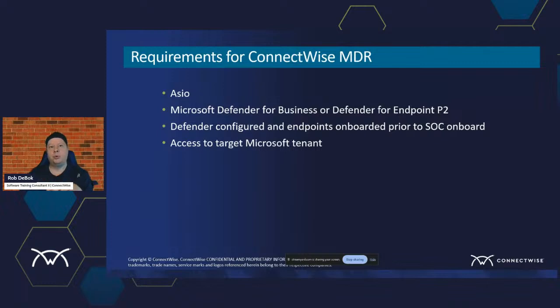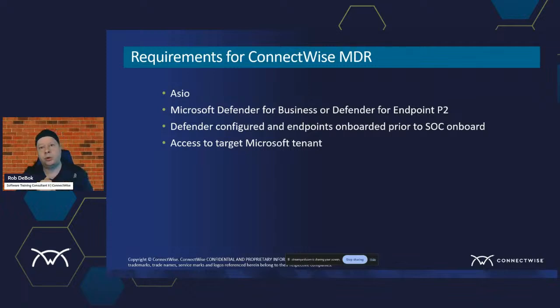Now, there are a few requirements to meet before moving a partner to MDR. For one, ASIO is one of the obvious ones, right? But since you're already RMM users, then this particular requirement is already met. The other obvious requirement is either the standalone Defender for Business or the Defender for Endpoint P2, which could be under a couple of different bundled licenses, right?